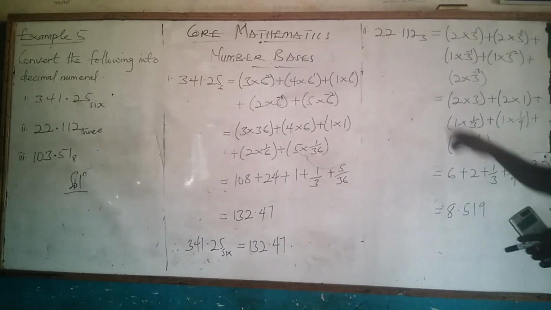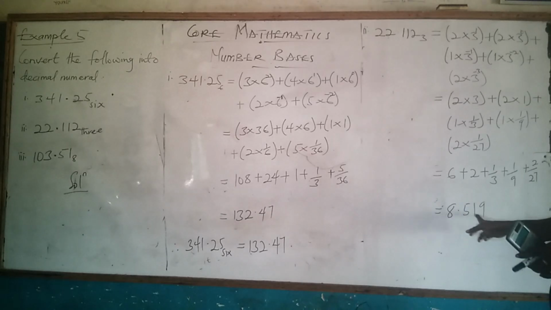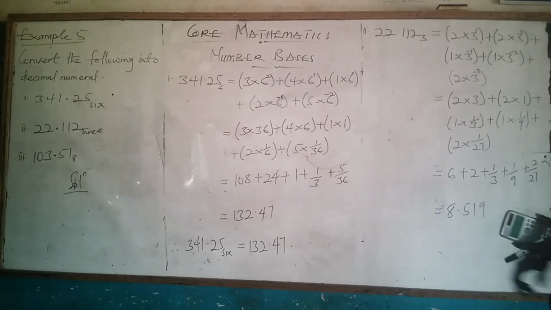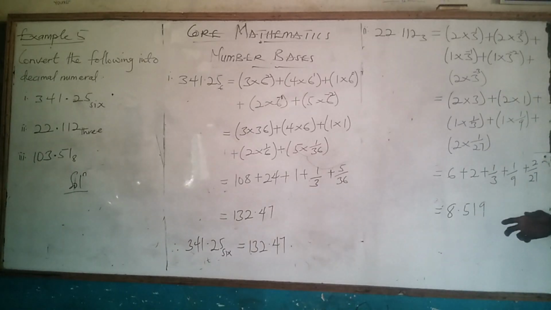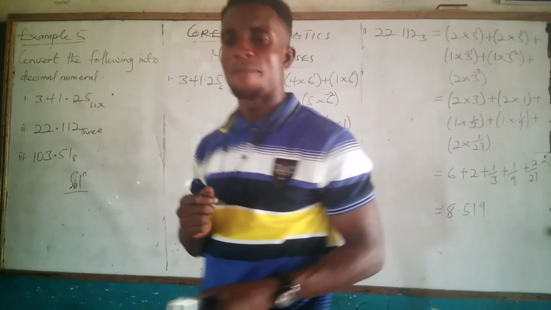Why are we doing that? Because we have to leave our answer in 3 decimal places. I'm having 8.5185 something, but the next number is more than 4, so we added 1 to get to the 9. You know that already. Any questions so far?